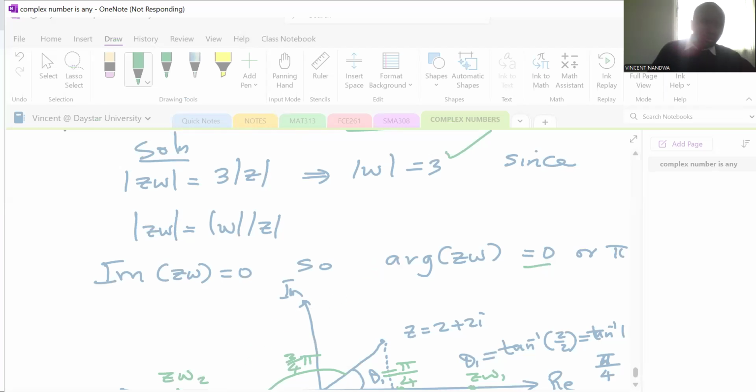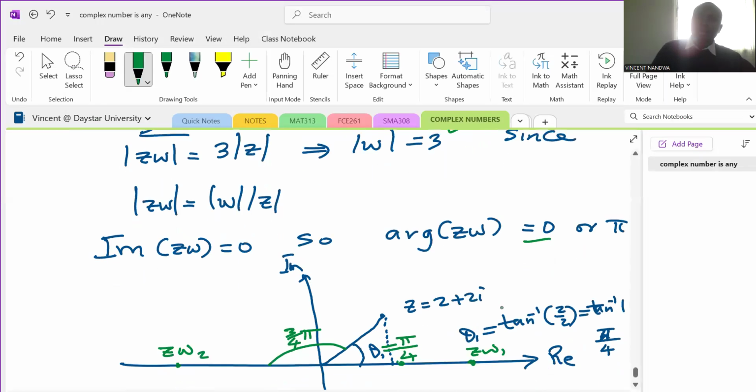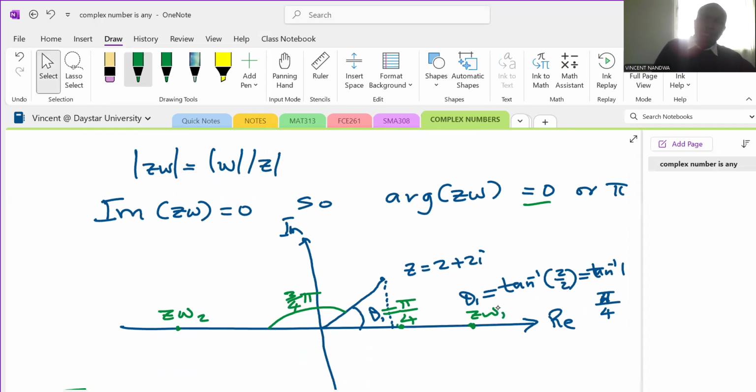Now, because already we know that the complex number Z is in this first quadrant, and W has modulus of 3, then it means that the angle that W makes with the axis can either be this or 3 pi.